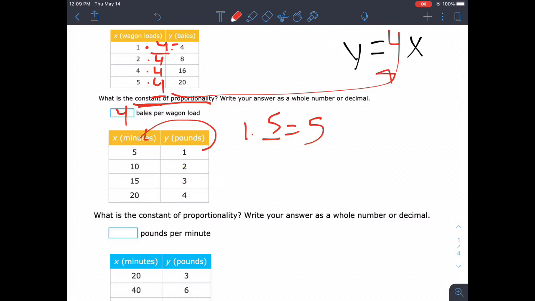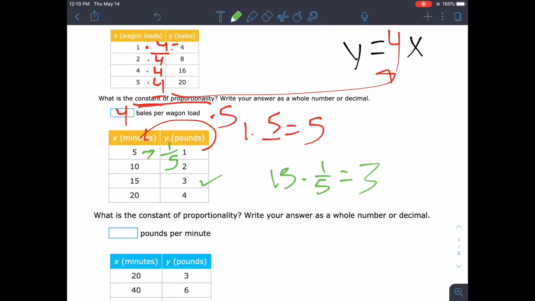So if going this direction is times 5, how do we go back the other way? So this has to do with reciprocals, which we've talked about for a couple weeks. And so what we do is we take that 5 and we turn it into an upside down fraction. So it's going to be 1/5. And so if we pull out a calculator, 15 times 1/5 is going to give us 3.